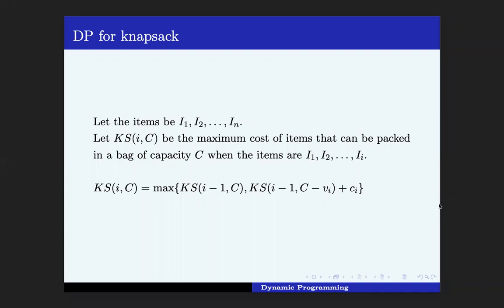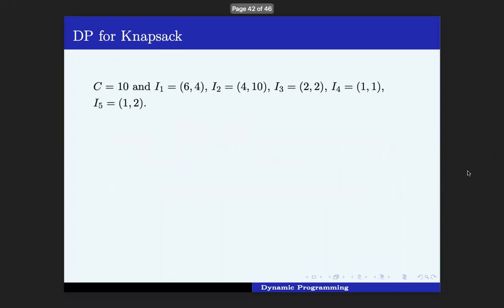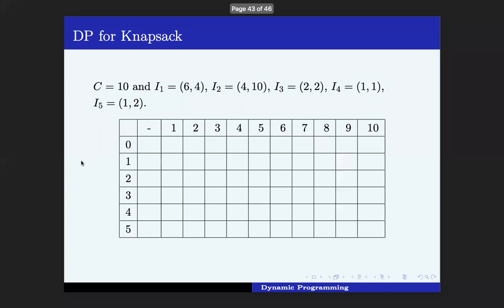The C parameter might not go through every integer, but even if you don't think about it non-trivially, it is at most 0 to C. So the table size is therefore (C plus 1) times (n plus 1).